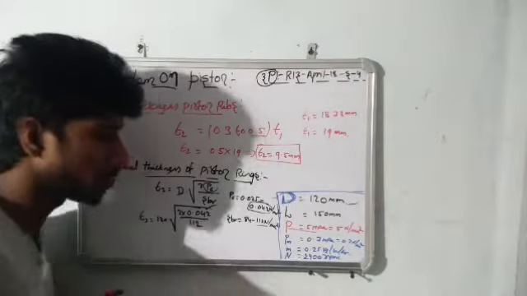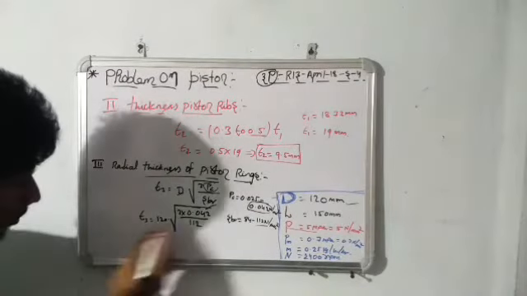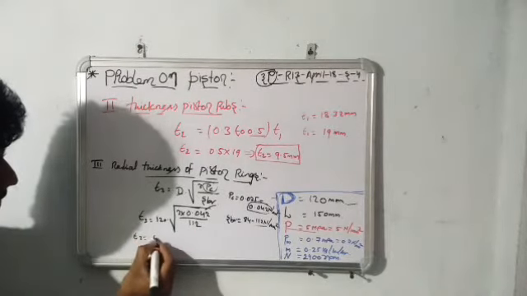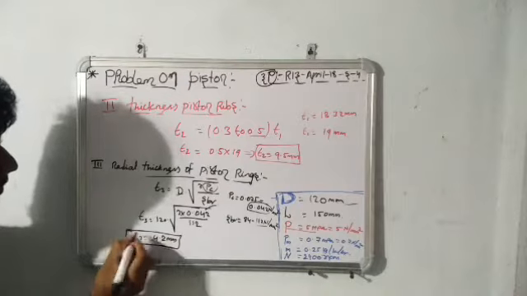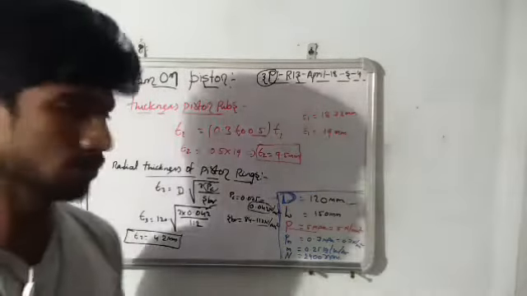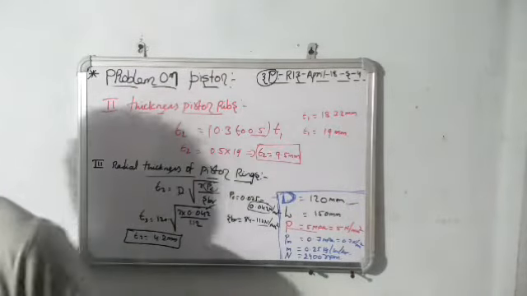Here I am considering the maximum value of SBR. By simplifying this, the T3 equal to 4.2 mm. This is about the radial thickness of the piston rings. This is about the third step. Go to the next step.